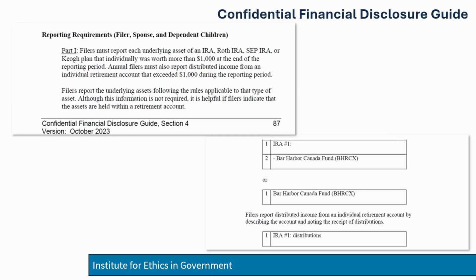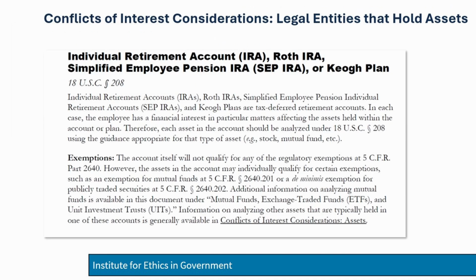If we look in the guide, we find that there is an entry for IRA plans. That entry tells us that these plans are tax-advantaged accounts that hold other assets, and that we need the filer to identify those assets on the report unless those assets are diversified mutual funds exempt from reporting. We can then consult our second resource, the Analyzing Potential Conflicts of Interest collection.